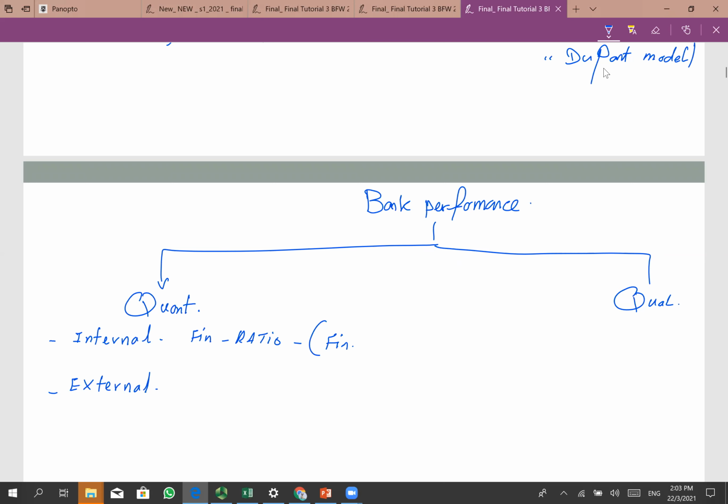This comes from the financial reporting, it's quantitative, and it's internal. We can get this information from the financial reports.